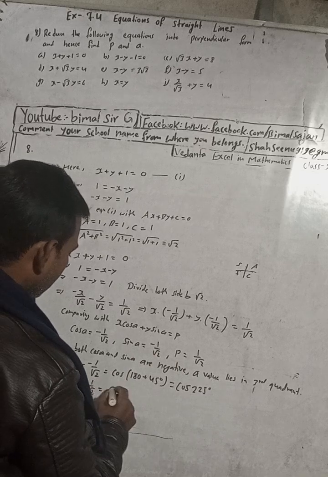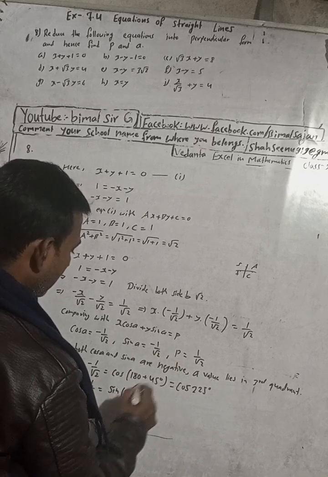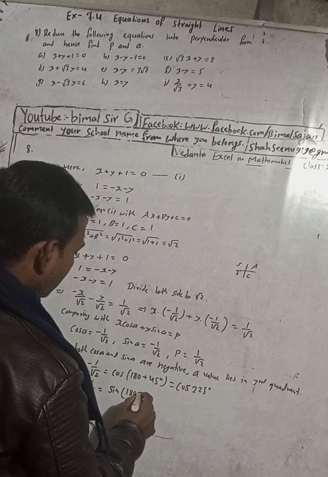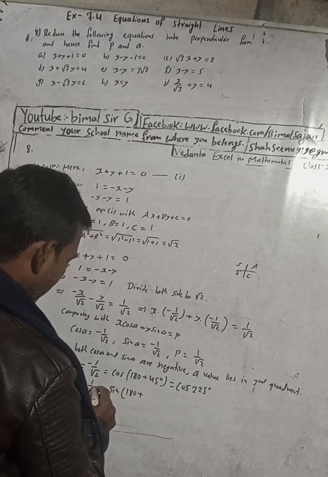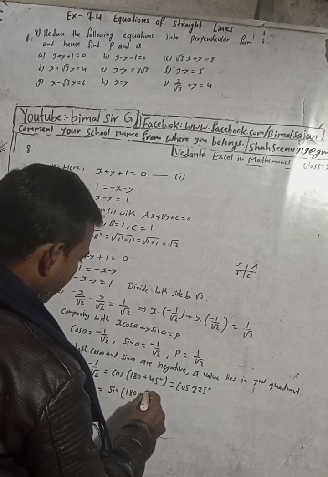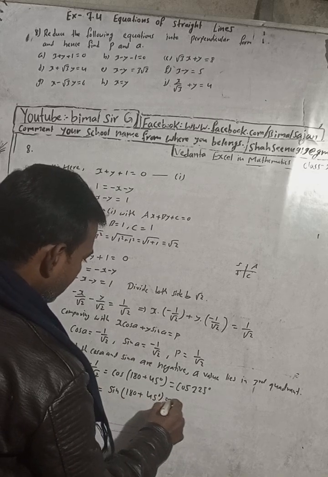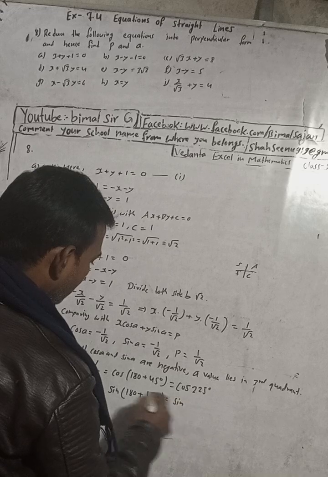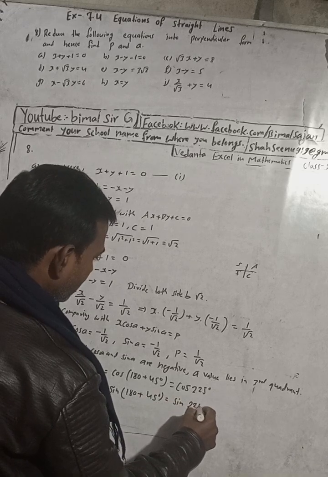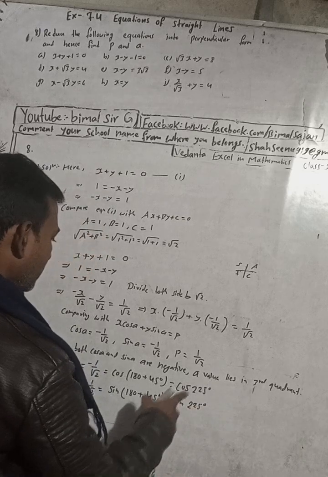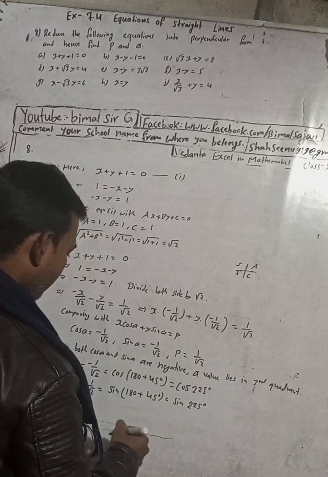Then sine in the third quadrant is 180 plus alpha. This is the value for 45 degree, so you can write 45 degree. So this can be written now as sine 180 plus 45, 225 degree. Okay, so we got here cos and sine value.